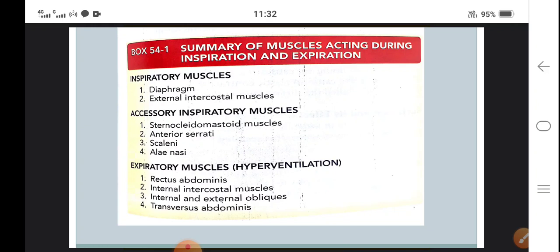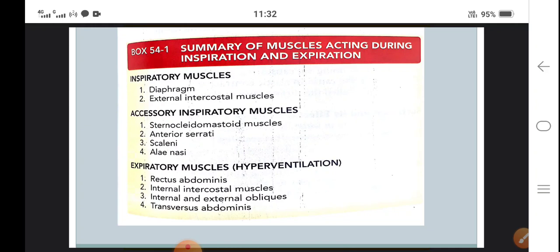And expiration is a passive process. But when the thoracic cavity, the cage of the ribs, returns to its previous position of reduced volume, contraction of some muscles takes place.